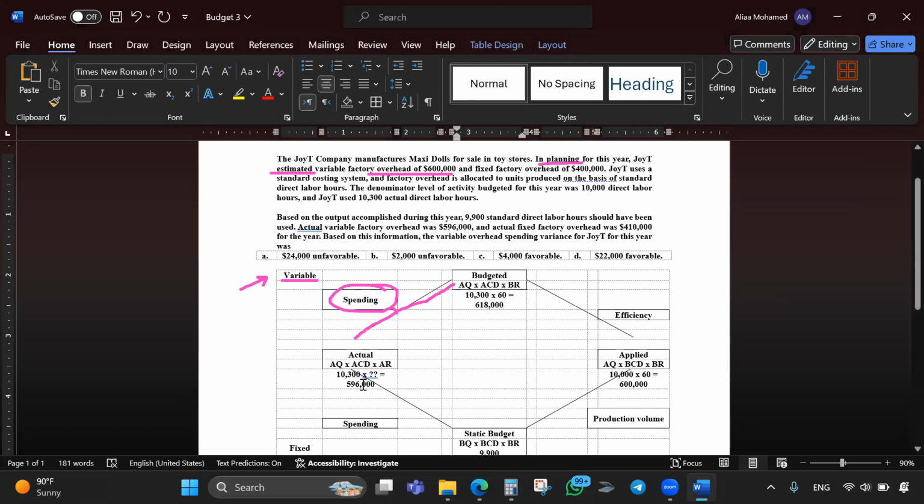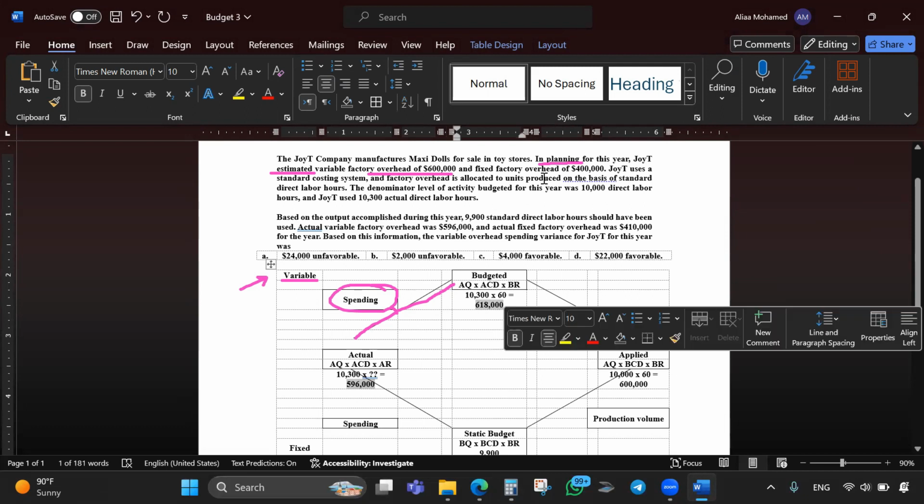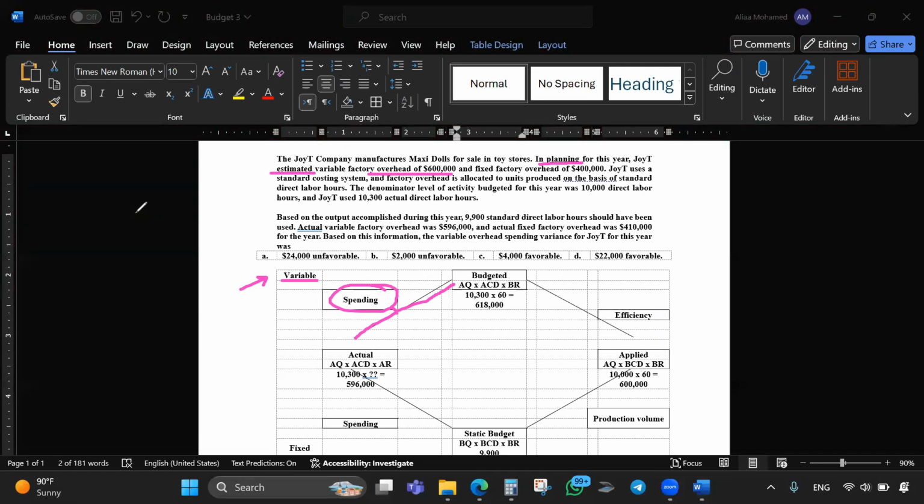And here the amount is 596,000. So the spending variance is the difference between those two amounts, which is this amount and this amount.